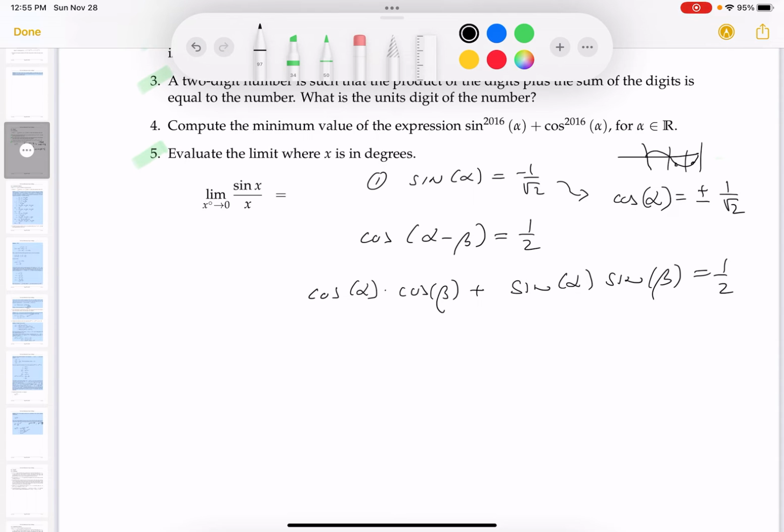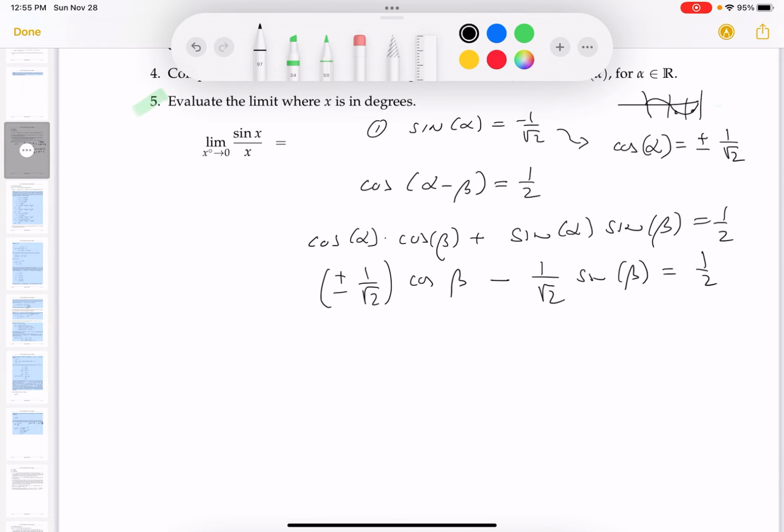So I'm going to write that down for you. And again, this might be a dead end for me to write that down. I might have to go back and do something later saying that's a crazy idea. Cosine beta, and the sine of alpha is minus 1 over root 2 sine beta. And this is 1/2.